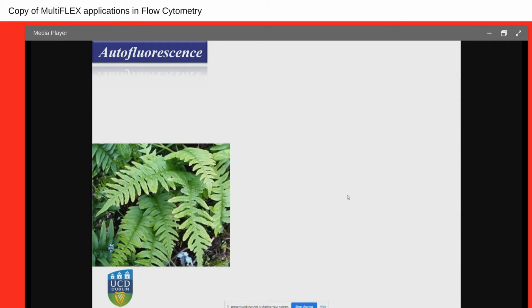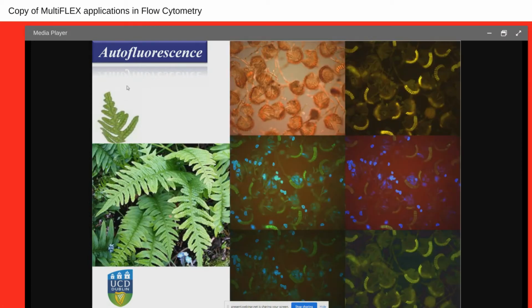And this is a clear example. These are the plants I was doing my PhD with. These are ferns. And when we look at the structures that we have on the back, which is basically the spores and the organs that are producing the spores, the sporangia, we can see that depending on the wavelength that we are using to excite and collect the signal, the spores here are practically not producing any kind of emission.